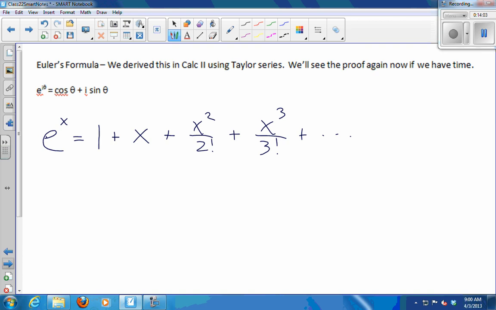And then the cosine of x, cosine is an even function, so it's the one that has evens. Do the signs alternate? I think they do. So it goes 1 minus.